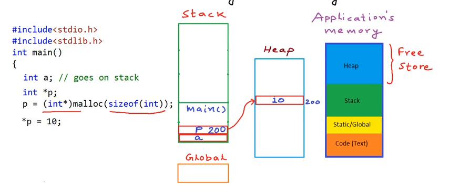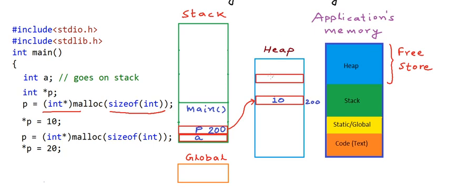And the only way you can access this particular block is by keeping a pointer variable which will be local to your function. Now let us write something like this. After writing 10 in this particular block, I will go ahead and make one more call to malloc. When I make one more call to malloc, one more block of 4 bytes is allocated on the heap. Let us say the address is 400 for this block.